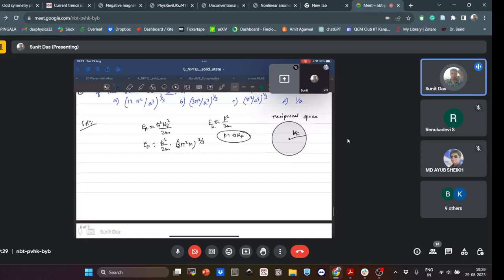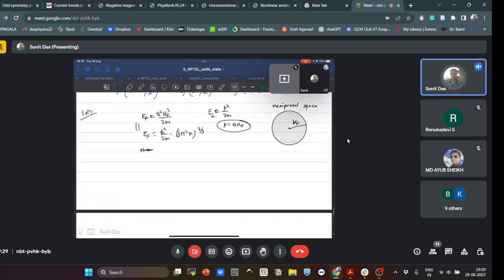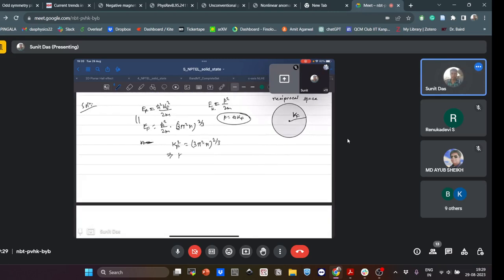Now the important point is we need to find n in order to find kF, right? If we equate these, what do we get? kF² equals (3π²n)^(2/3). This means kF equals (3π²n)^(1/3), right?